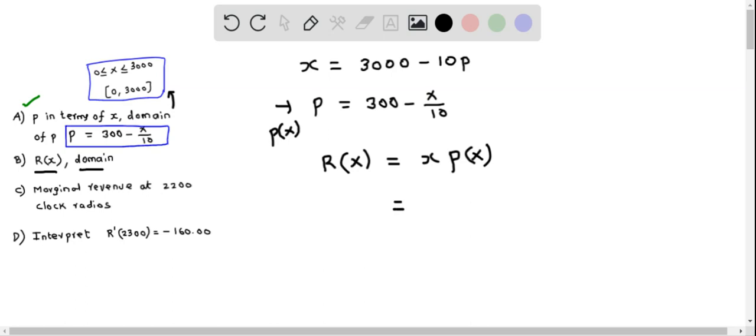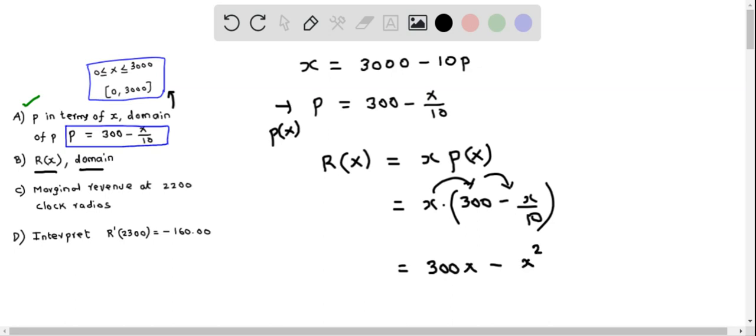So we will write this as x times (300 minus x over 10). I distribute this x into the terms inside the brackets. So x times 300 is 300x minus x times x over 10, which is x squared over 10. So this is r of x, which represents the revenue function.